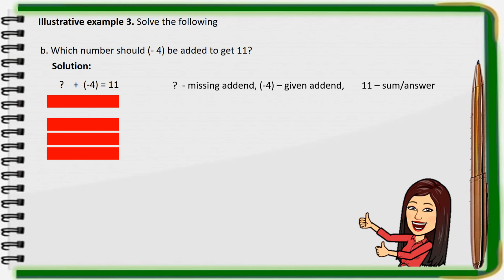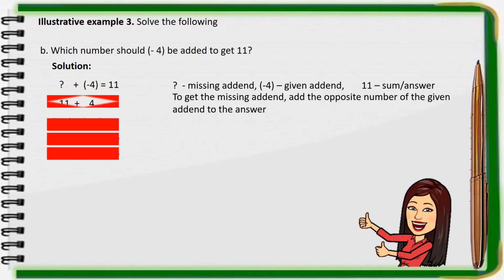Now, how to get the missing addend? Okay, so just follow these steps. First, kunin ang opposite number ng addend, ng ating binigay na addend, si negative 4. Kunin ang kanyang additive inverse at i-add kay 11, yung ating sum.